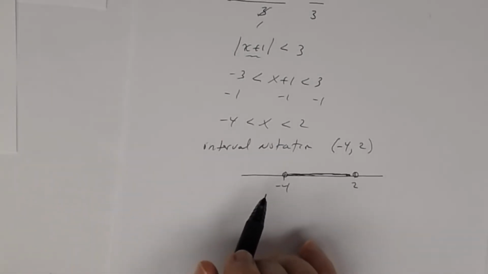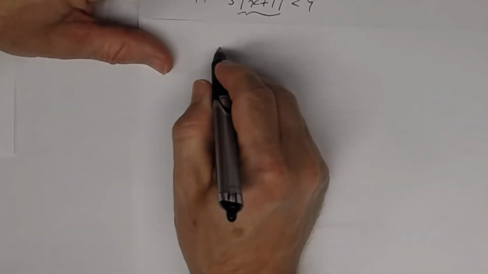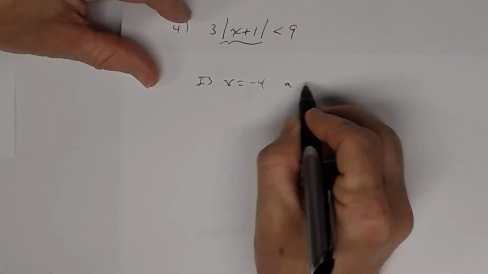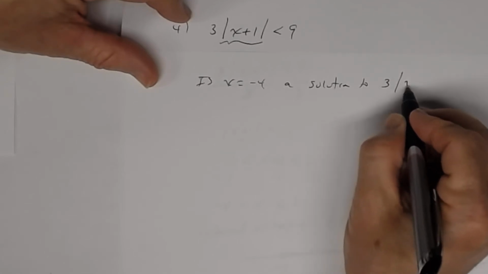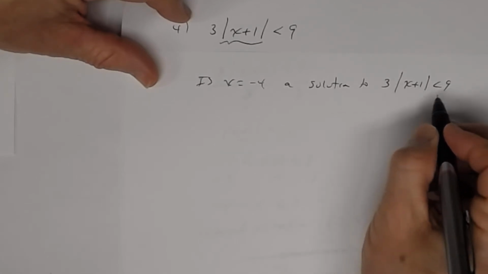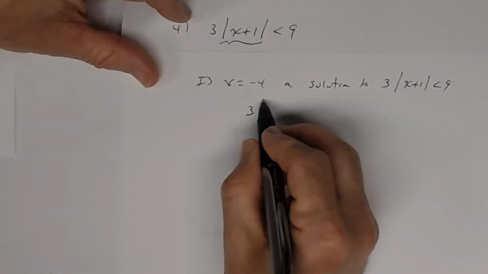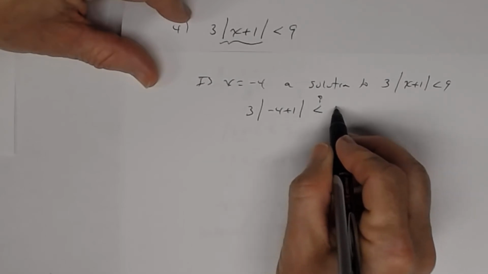So if you check, is x equal to negative 4 a solution to 3 times the absolute value of x plus 1 is less than 9? Let's see. In place of x, you're going to substitute negative 4. So I get 3 times the absolute value of negative 4 plus 1, and I want to see if that's going to be less than 9.